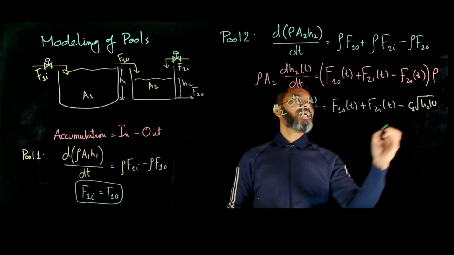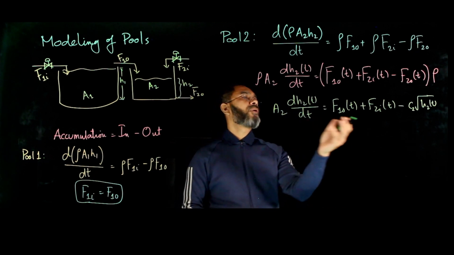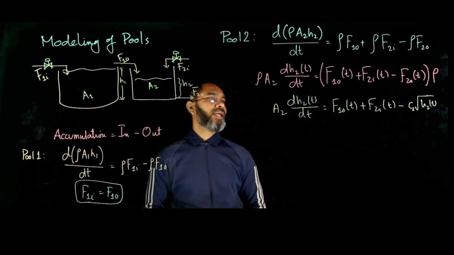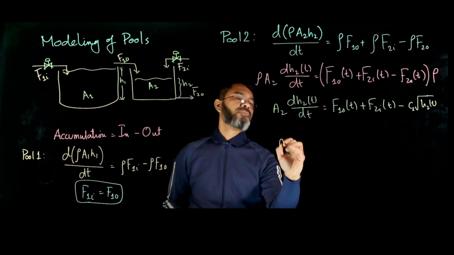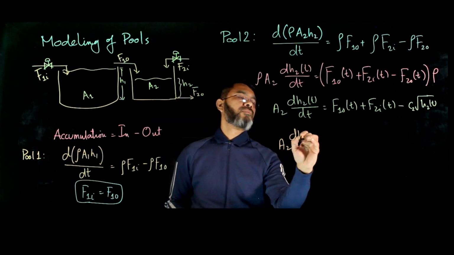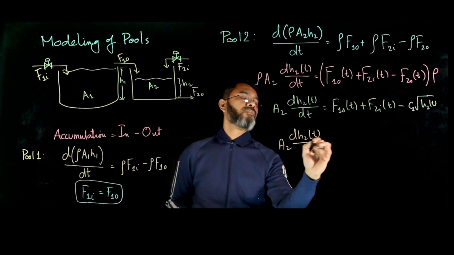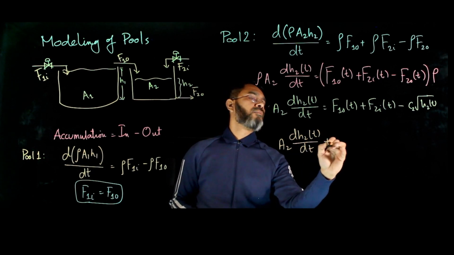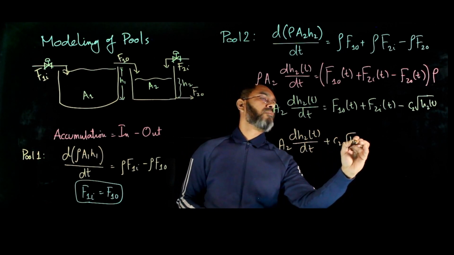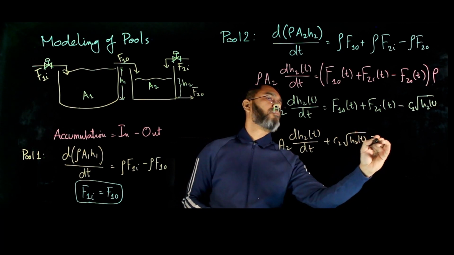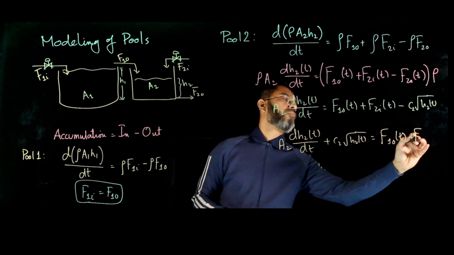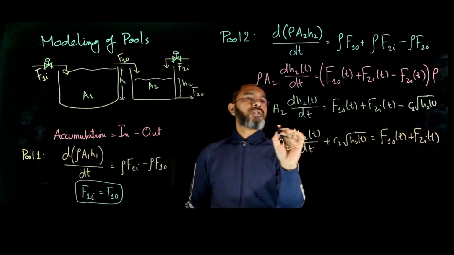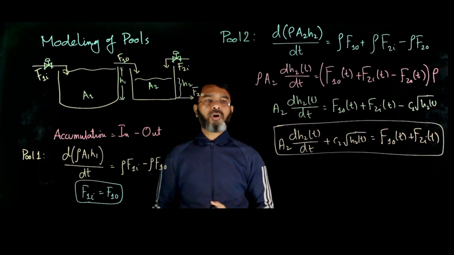We'll use C2 here to indicate the second tank. So if you further simplify it and write it in a standard form, you will get the model equation for pool 2.